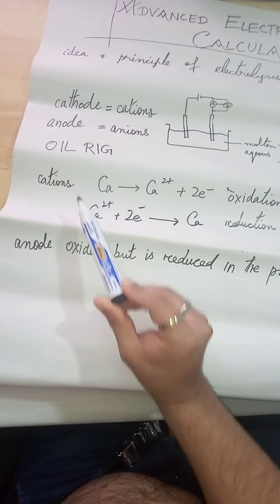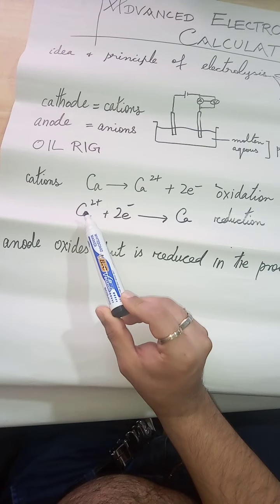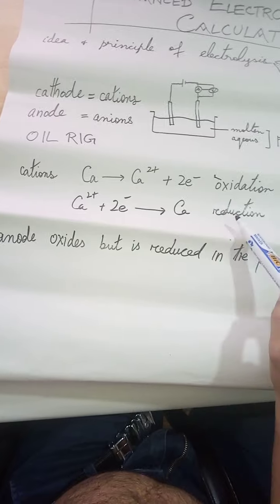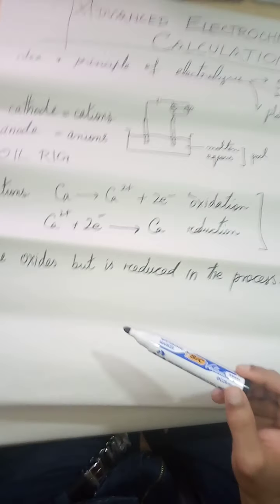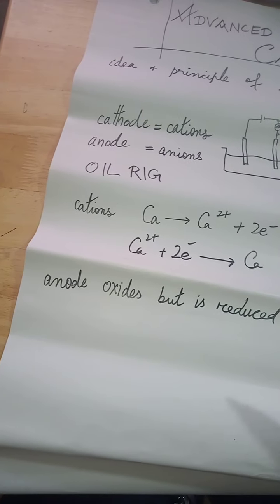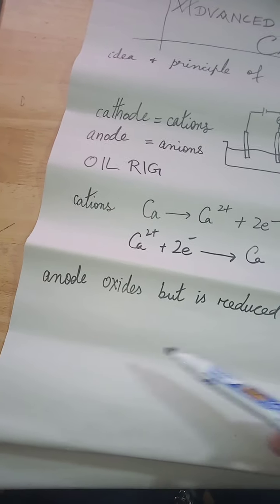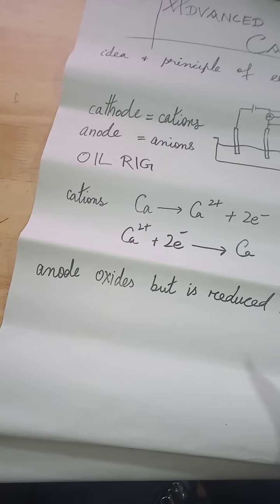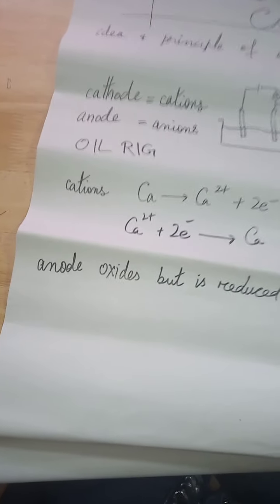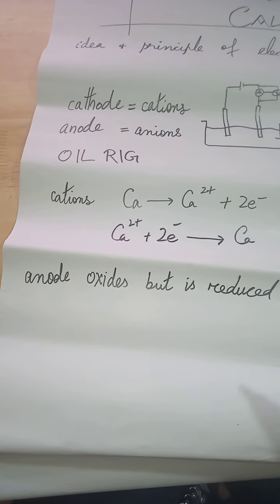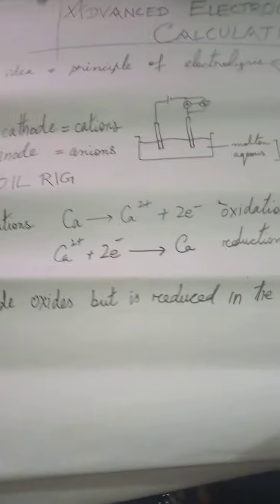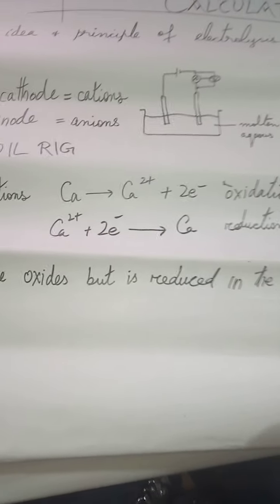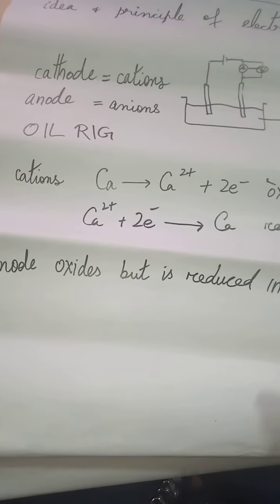The principle of OIL RIG dictates that cations will be reduced at the cathode, and anions will be oxidized, but they'll end up reducing the anode in the process. I hope you appreciate where the whole principle of electrolysis is rooted.